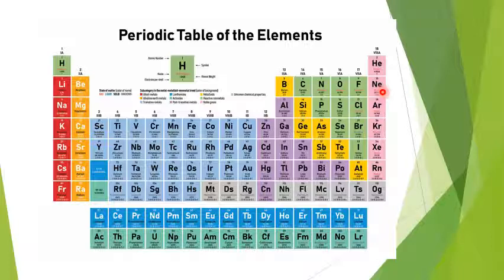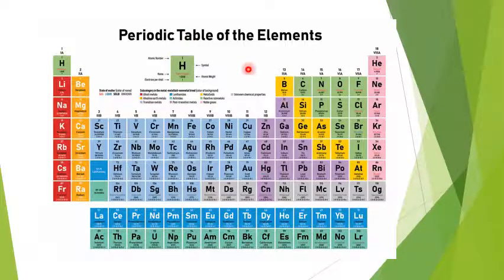And just a couple more things here. The last column is called the noble gases, N-O-B-L-E. Okay, the second to last column are called the halogens, H-A-L-O-G-E-N. And again, there'll be a list at the end of the PowerPoint today.